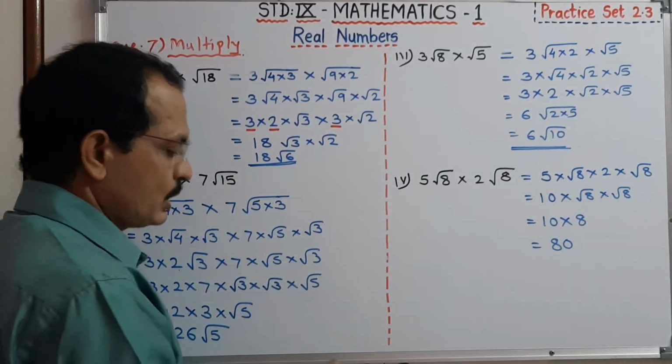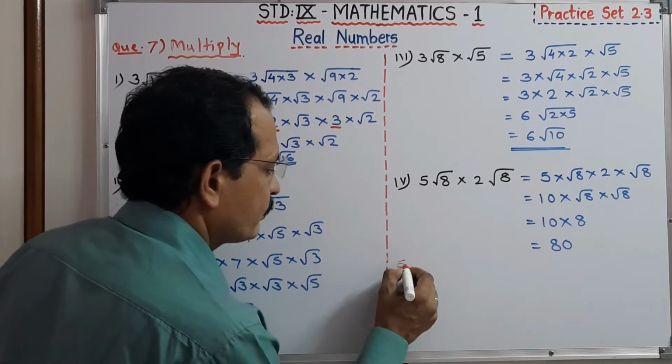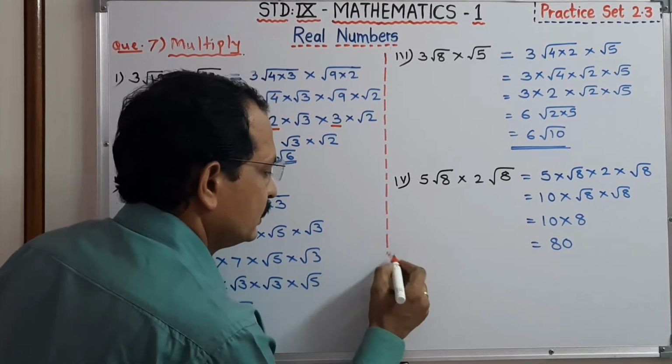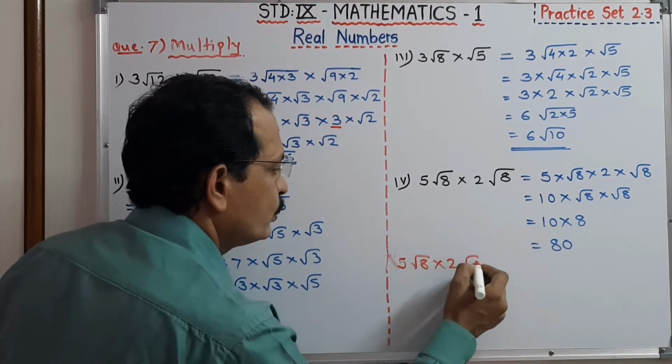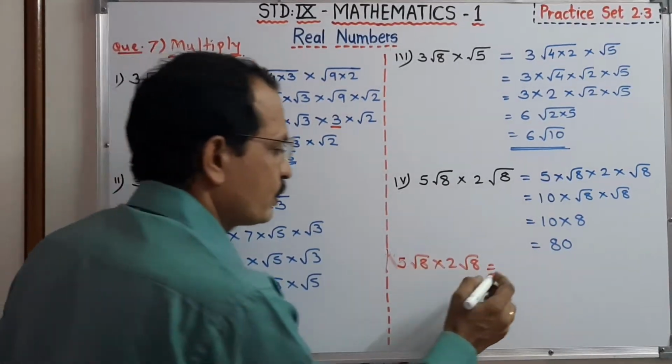If we solve this by another method, we write 5 root 8 into 2 root 8. If we factorize this, the answer will be the same.